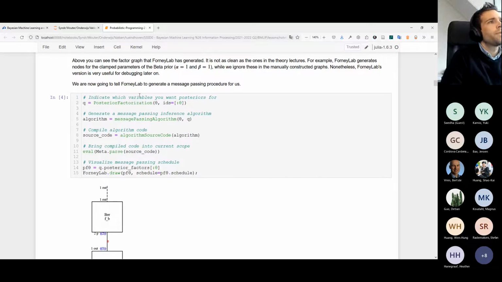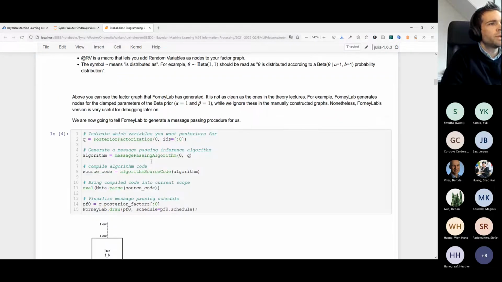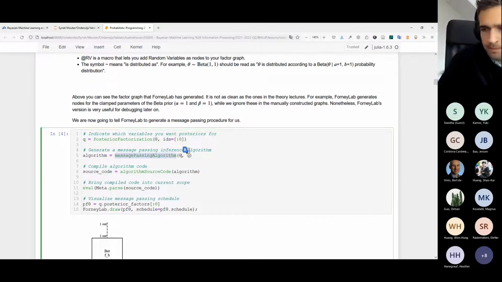Yeah, so whenever you call this message passing algorithm, it's a bit like in Windows, or in MATLAB, if you have a few windows open, and you might have named all of these windows figure 1, figure 2.